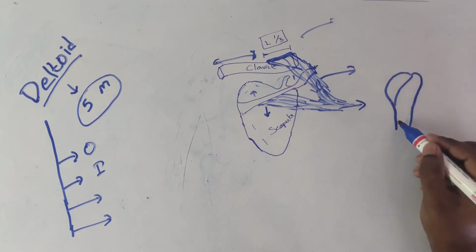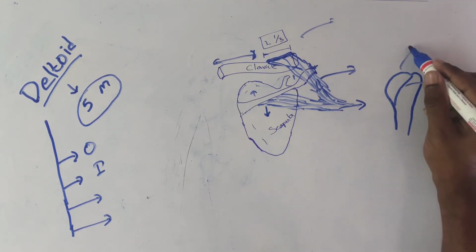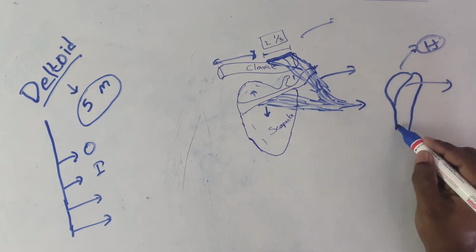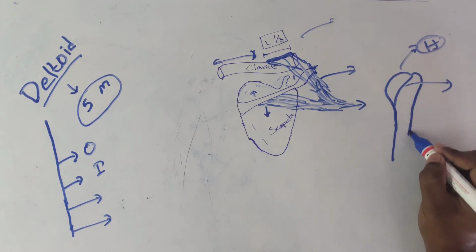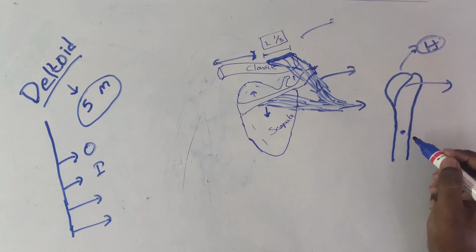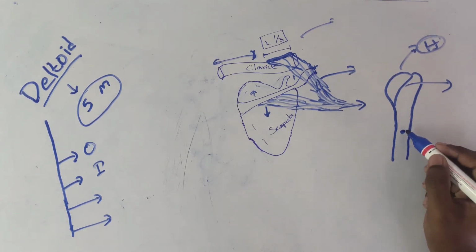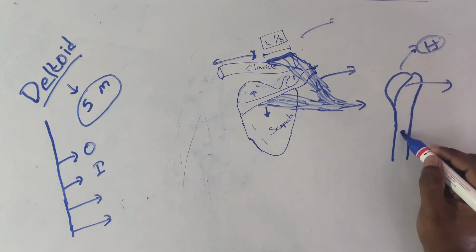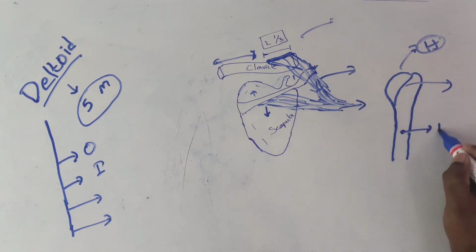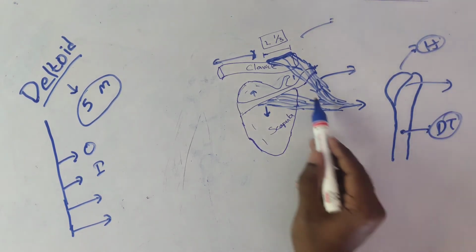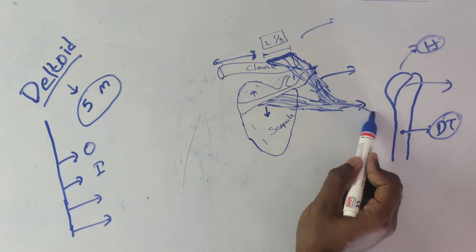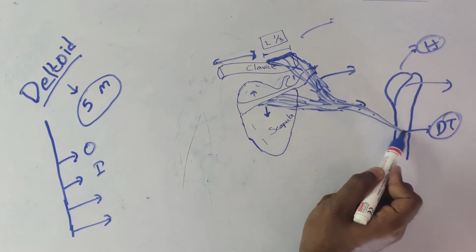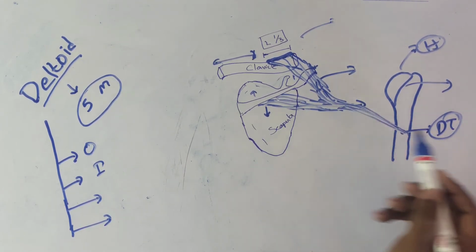It is the humerus, and it is the anatomical neck and it is the head of the humerus, and the insertion takes place at the point here at the humerus, where humerus contains deltoid ridge here. Okay, humerus contains deltoid tuberosity. This is the deltoid tuberosity. These 3 origins insert at the deltoid tuberosity of humerus.